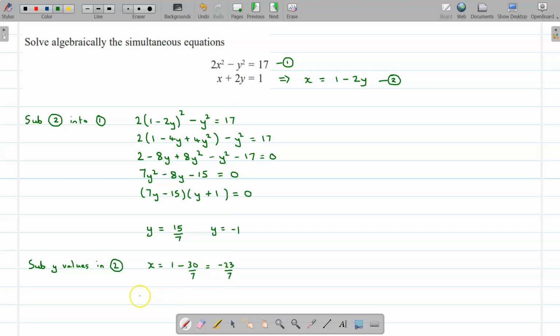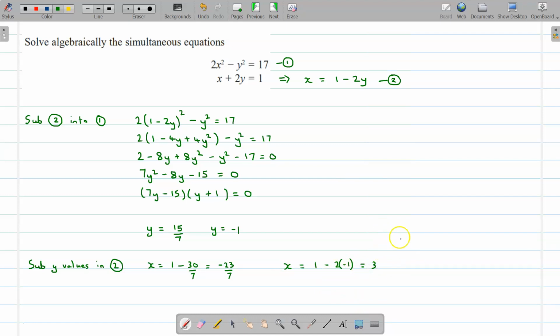Okay, and when x equals minus 1, well, let's just do it how I did there. The other value of x is simply x equals 1 minus 2 lots of minus 1, which is 1 plus 2, which is equal to 3.